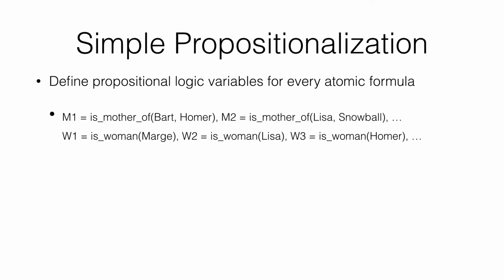As I've exemplified here, they don't even necessarily have to have a great name. They're just sort of anonymously named M1, M2, W1, etc. And we now have a big propositional logic system that we can perform inference in, just the way that we did in the previous video.